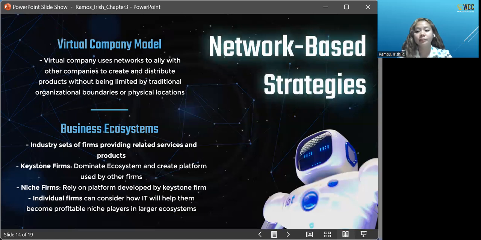Virtual companies connect people, resources, and ideas via networks to collaborate with other businesses to offer services without being physically connected. This can be beneficial when businesses need to act quickly to take advantage of new market opportunities.